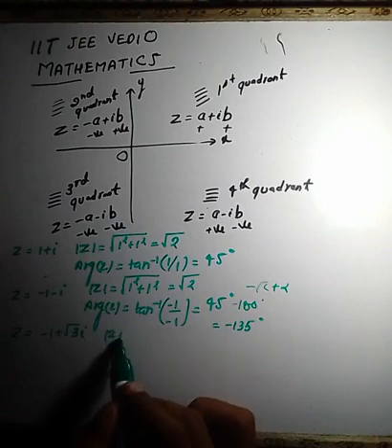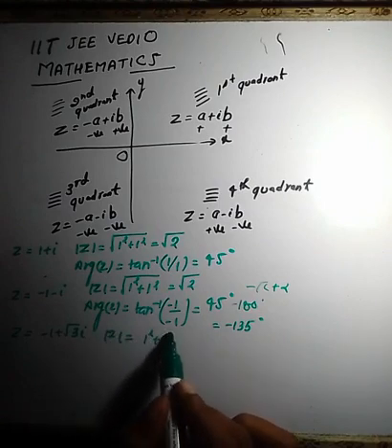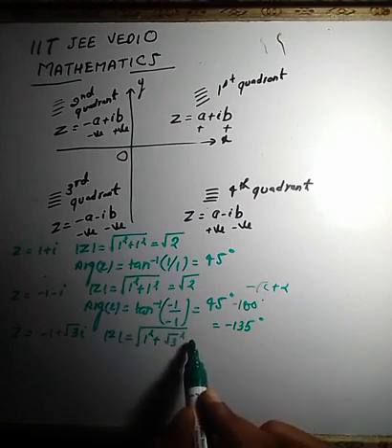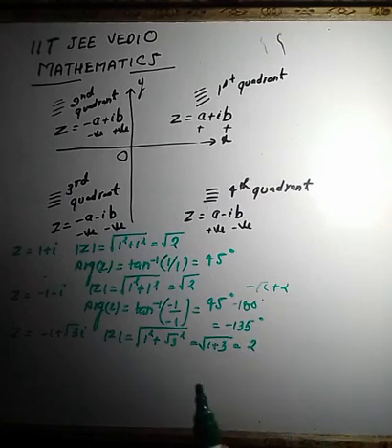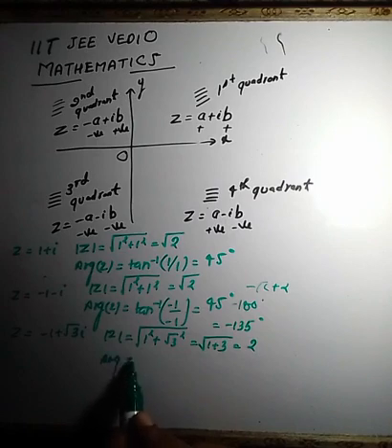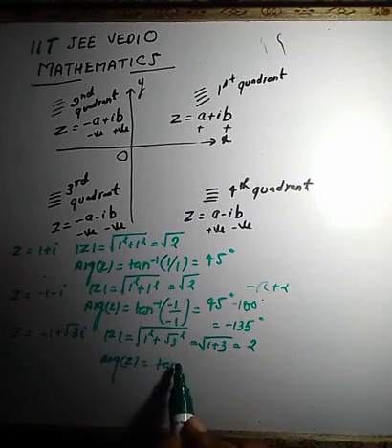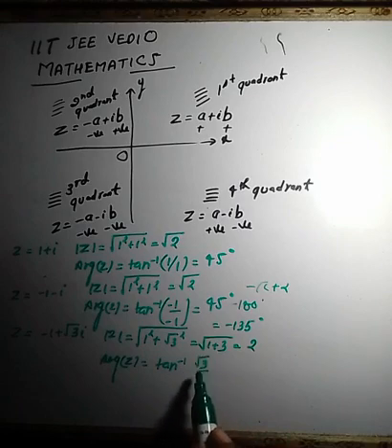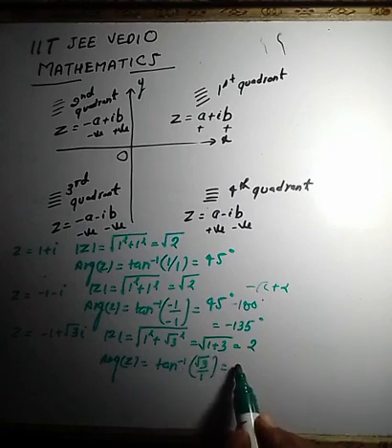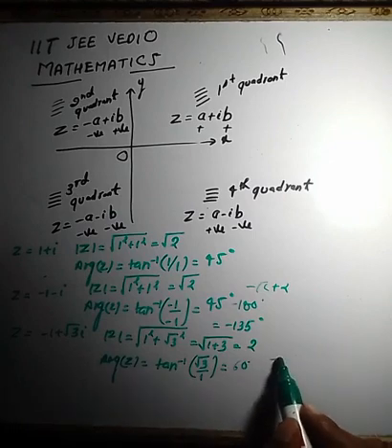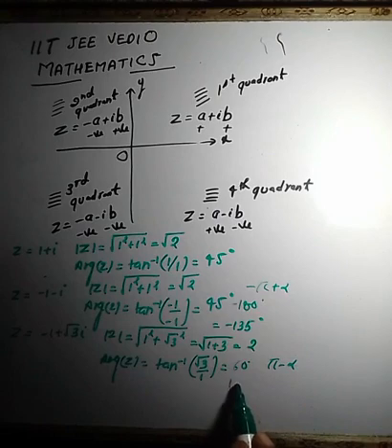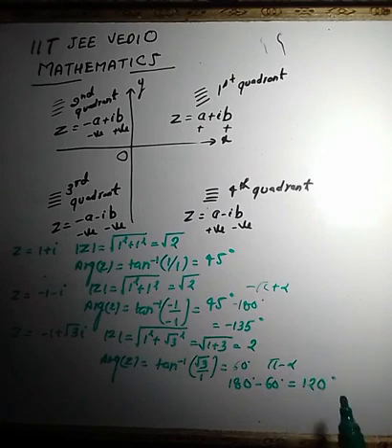So mod of z equals to root of 1 square plus root 3 square, so 1 plus 3, and argument of z equals to tan inverse root 3 by 1, so it will be 60 degree, and as this number is lying in the second quadrant, so angle will be pi minus alpha, so 180 minus 60 equals to 120 degree.